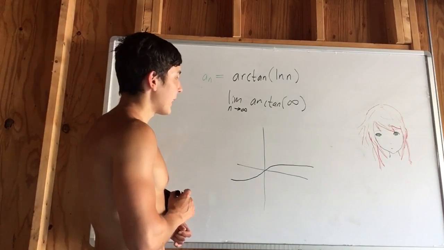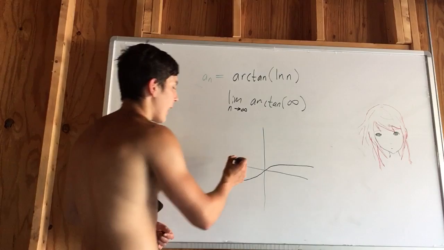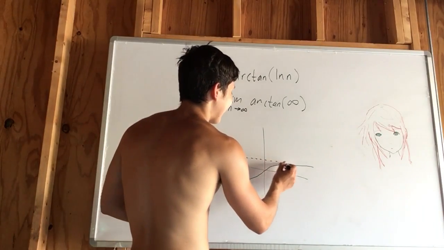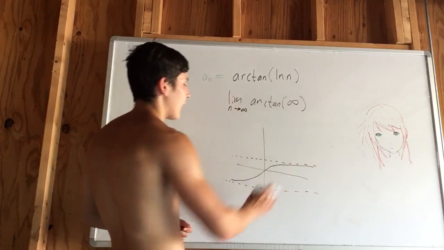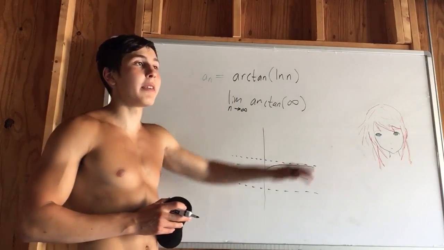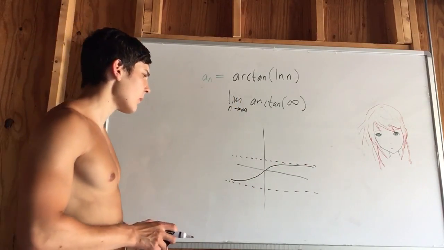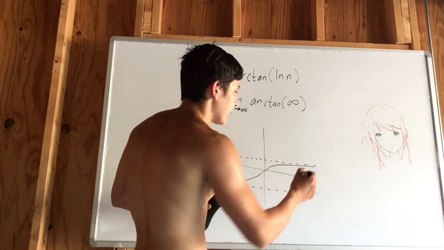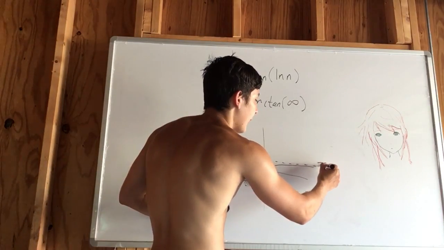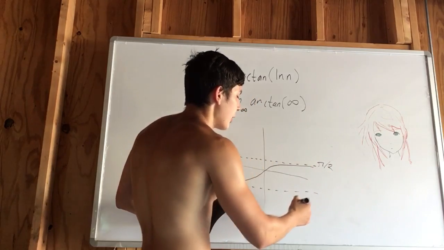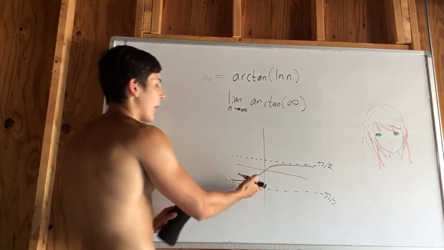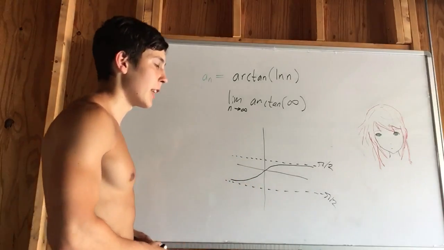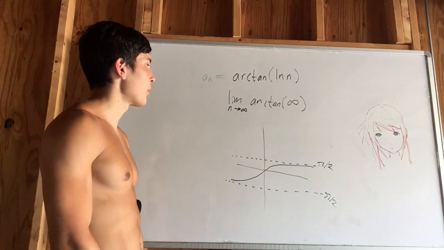So with this one, it actually does have some horizontal asymptotes here, which it never crosses. It never goes above these at all, because this is just like tangent. It's got pi over 2 and negative pi over 2 as the y values here, upon which it never crosses.